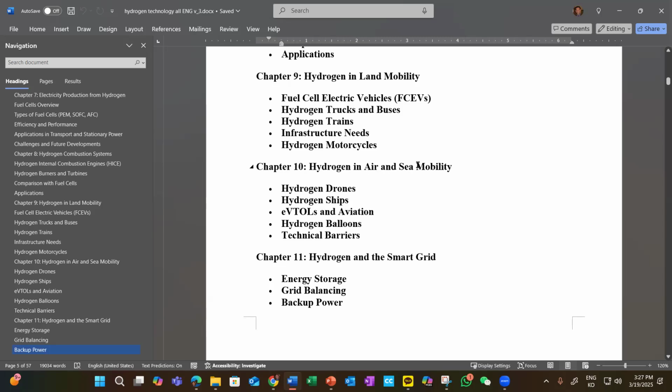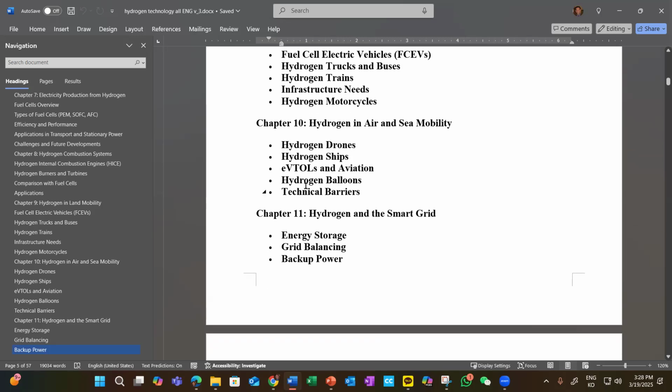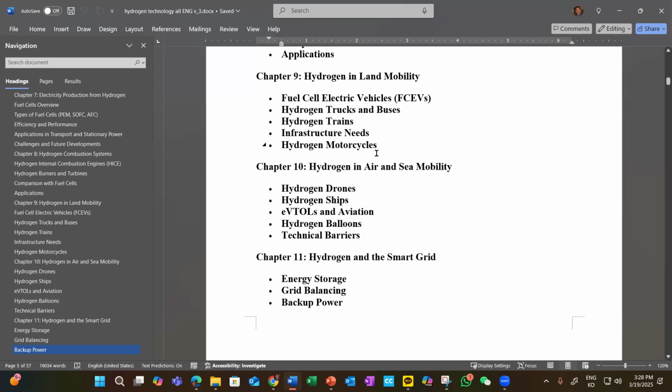Sea mobility is a way of transportation, and the land type, air, and sea mobility, like drones and ships, eVTOL. eVTOL has become very popular, with vertical takeoff. So how can we fully utilize hydrogen as an energy source or power source for this mobility system? So chapter 9 and chapter 10 are devoted to such applications.